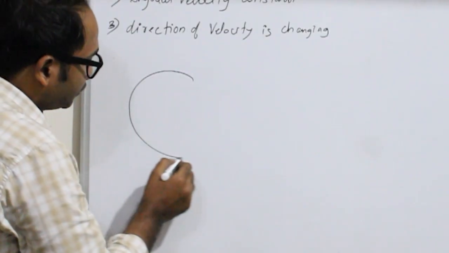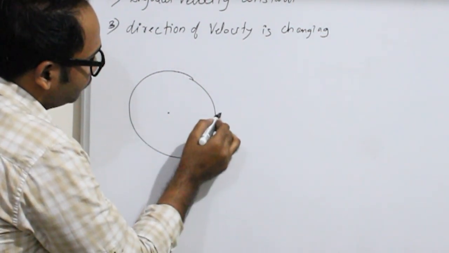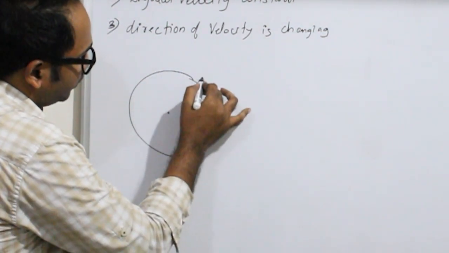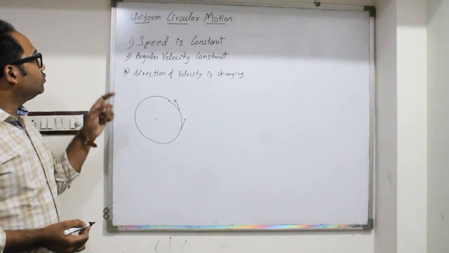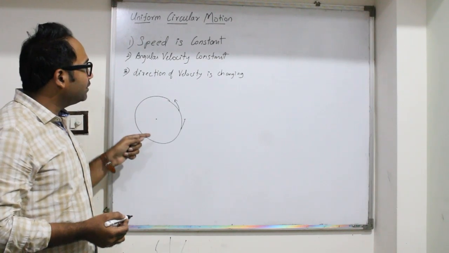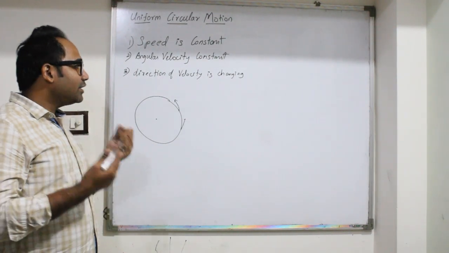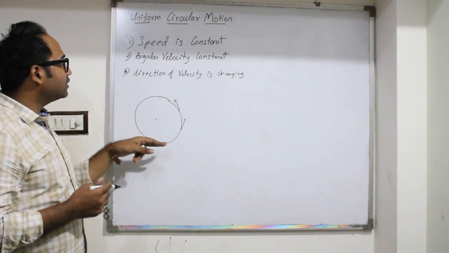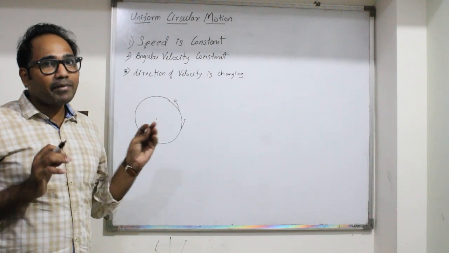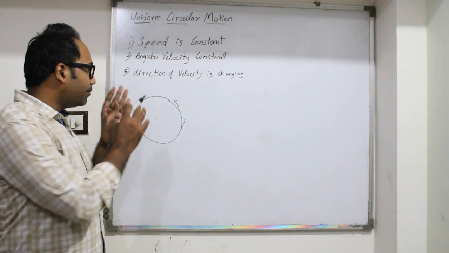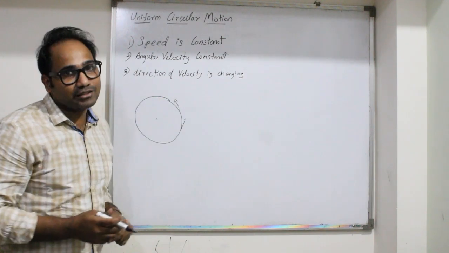If I draw this, if this is the circular motion, at any point of time, this time it is here, this time it is here, so the direction keeps on changing. So what is the factor that is causing this velocity to change its direction? There should be some acceleration taking place here that is making this velocity change its direction.